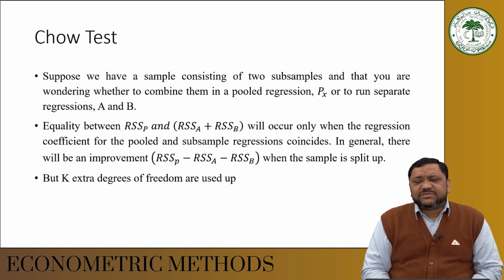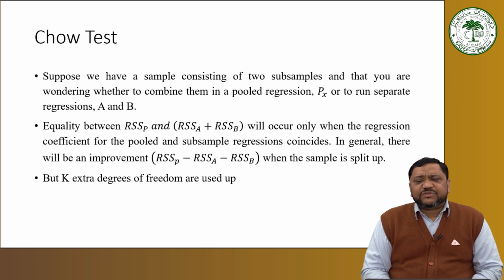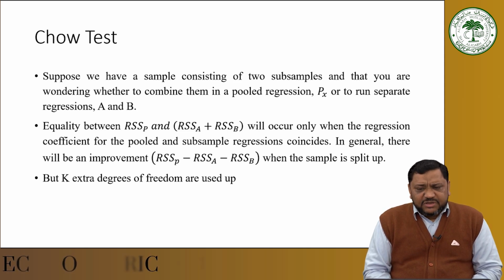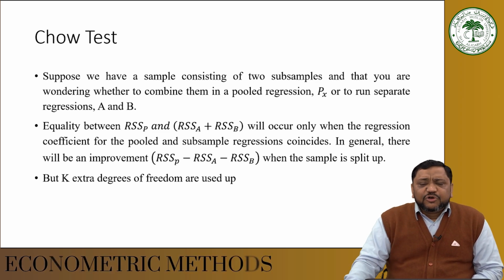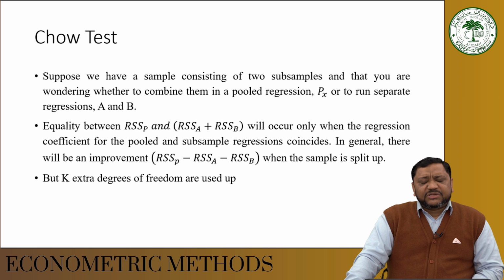Thus we can say that the residual sum of squares for A is less than or equal to the residual sum of squares for the pooled one, and likewise the residual sum of squares for B is less than or equal to that of the pooled one. Or we can say that RSS_A plus RSS_B should be less than or equal to the residual sum of squares for the pooled regression.